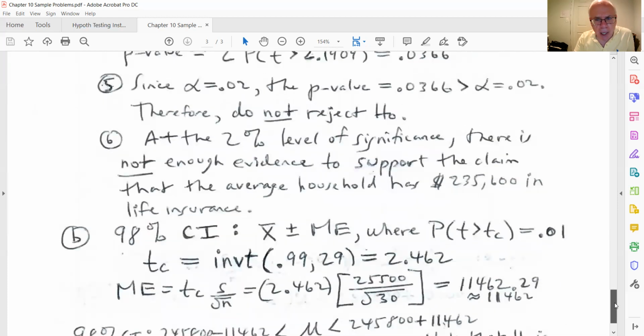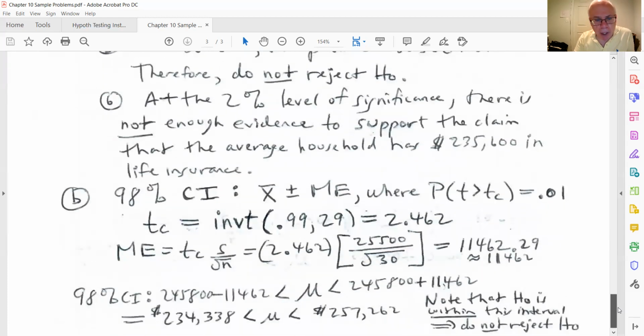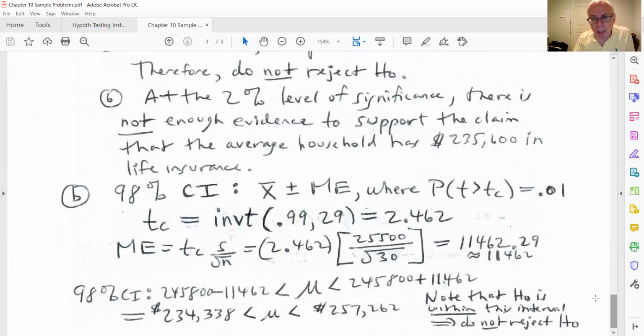So. Now, part B, just want to mention this to you quickly. For a two-tailed test, there is an equivalent confidence interval related to it. The confidence interval, remember, is the sample mean plus or minus the margin of error. Everybody, you're clear on that, right?